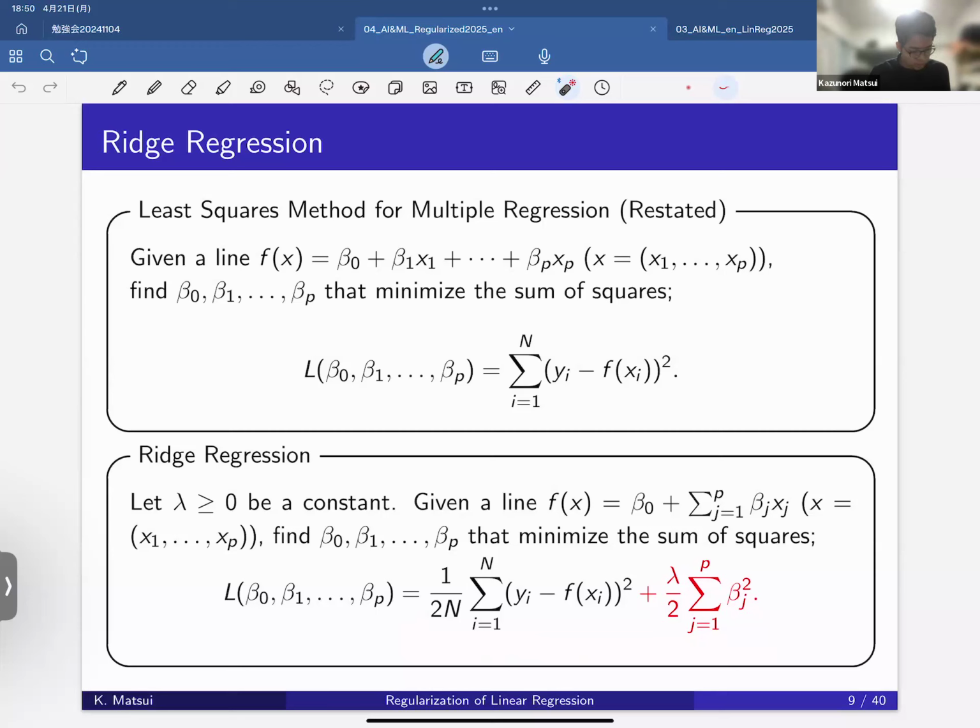You can see that the summation here starts from 1, so the constant term beta 0 is not included. It is common not to include the constant term in the sum of squares. The idea is that we only want to make the coefficients of the explanatory variables, that is, these parameters, small.